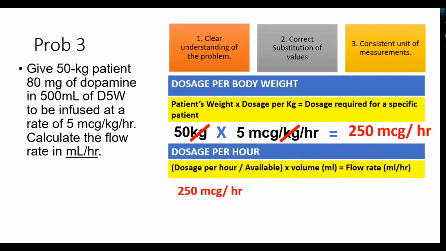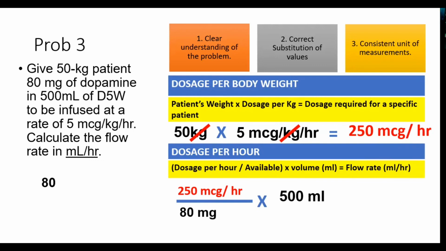So the dosage per hour that we have calculated based on the body weight of the patient, which is 50 kilograms, is 250 microgram per hour. We need to divide it by the available dosage of dopamine, which is 80 milligrams, diluted in 500 ml of D5 water.